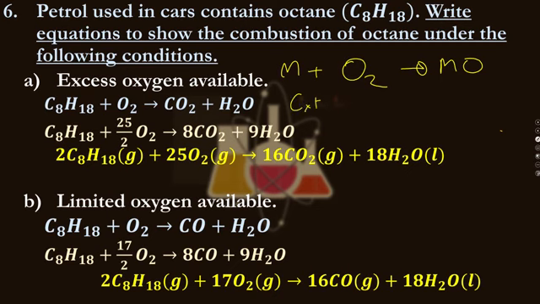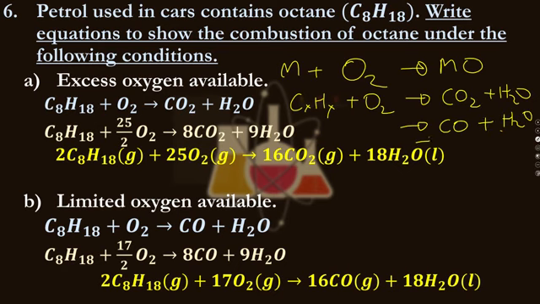If it's some kind of carbonate or hydrocarbon, you'll get carbon dioxide plus water, or you can get carbon monoxide plus water, or you could even get solid carbon plus water. But these are the main combinations of combustion we're looking at here today.